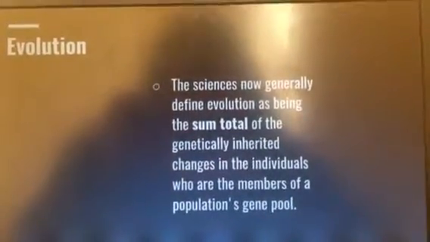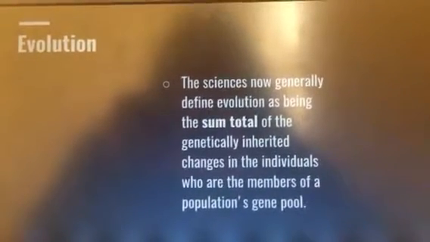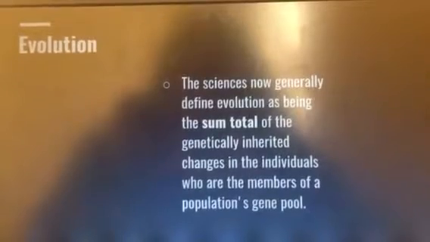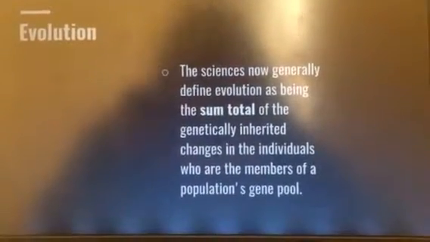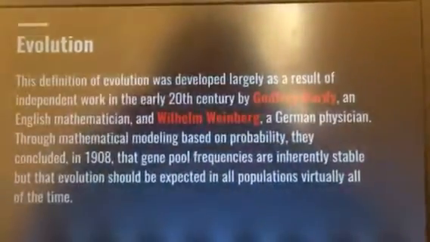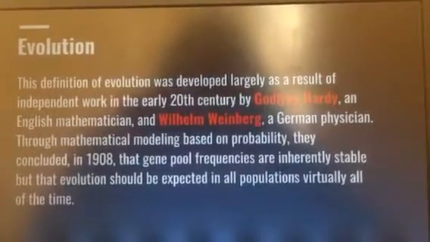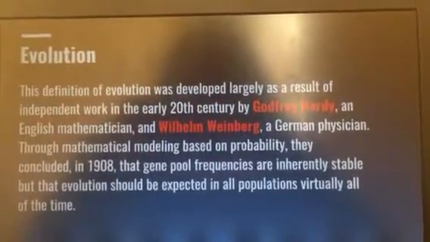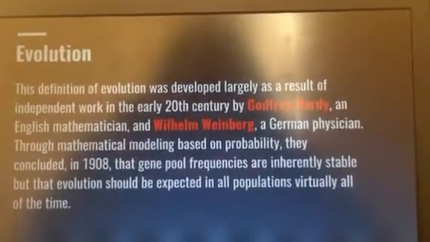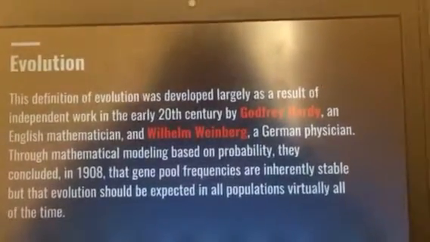Scientists now generally define evolution as the sum total of the genetically inherited changes in the individuals who are the members of the population's gene pool. This definition was developed largely as a result of independent work in the early 20th century by Godfrey Hardy, an English mathematician, and Wilhelm Weinberg, a German physician.